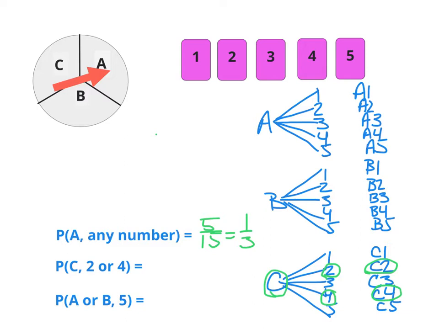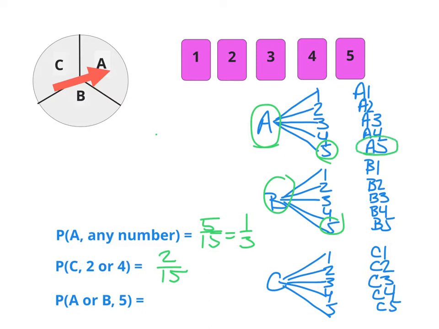So that's a possibility of 2 outcomes out of 15 total outcomes. All right, and the last probability problem is the probability of spinning an A or a B and a 5. So A or B and then a 5 would be A and 5 and B and 5, which would be 2 out of 15 outcomes.